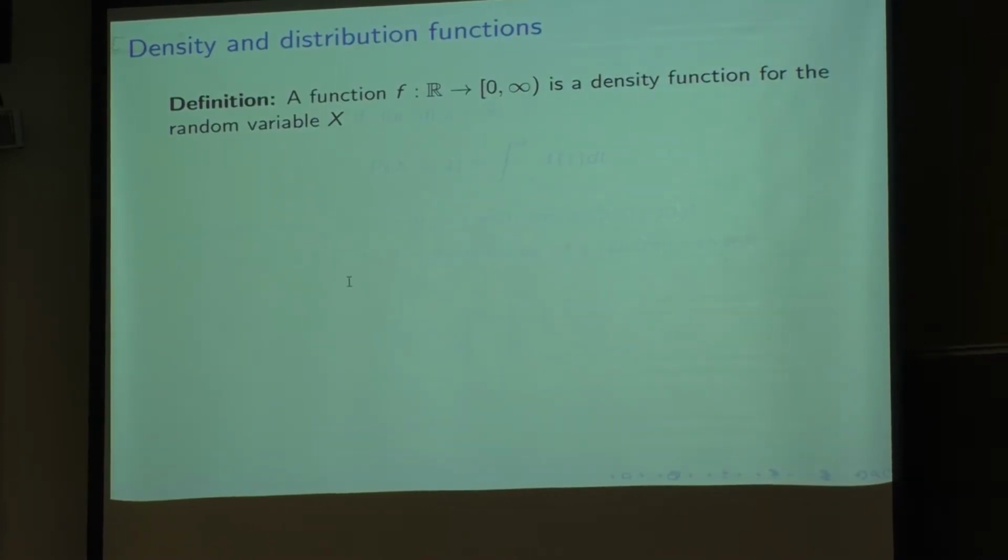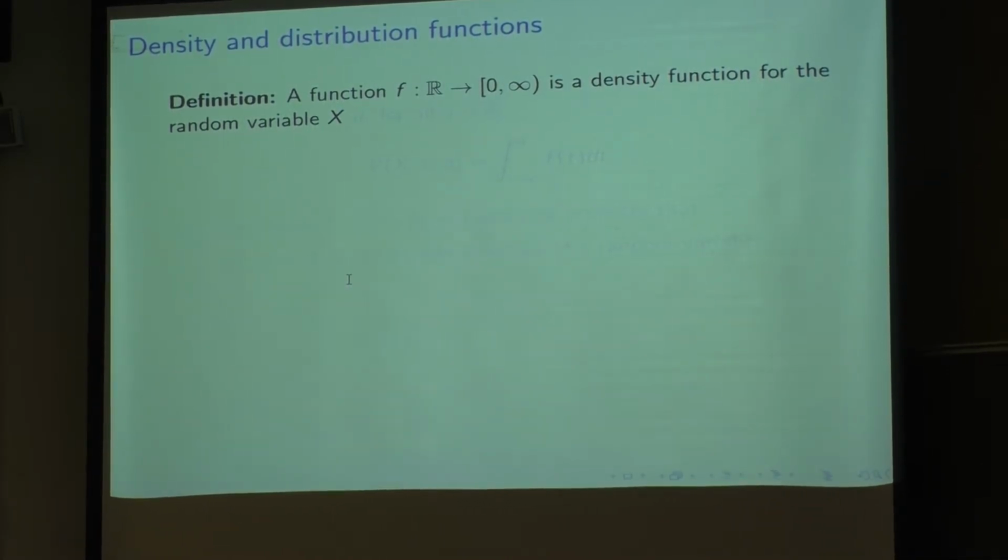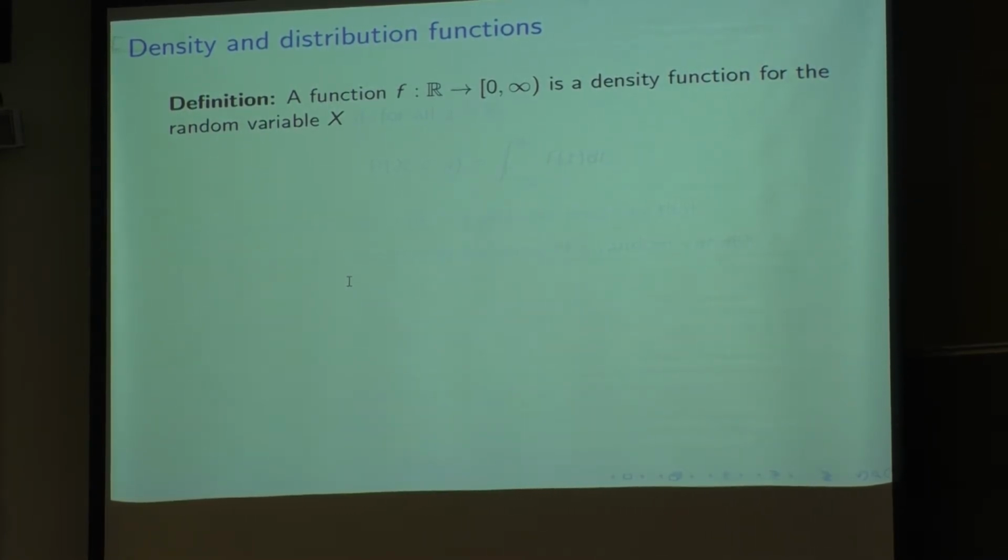Okay, so this is how we define expected values for discrete random variables. What do we do with random variables which are not discrete? To make sense of this, we have to introduce density functions. So what is a density function?